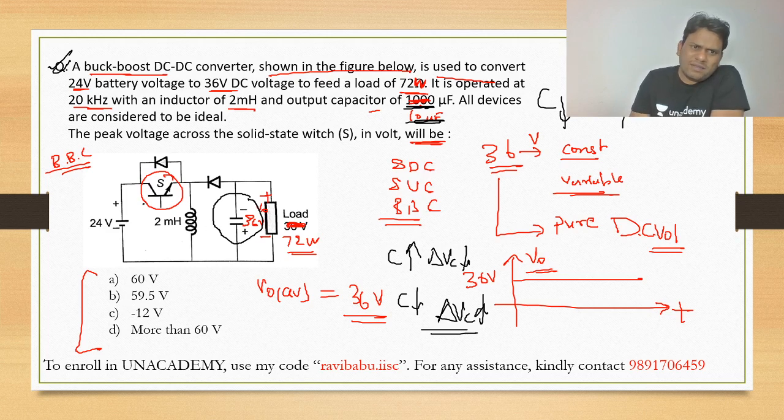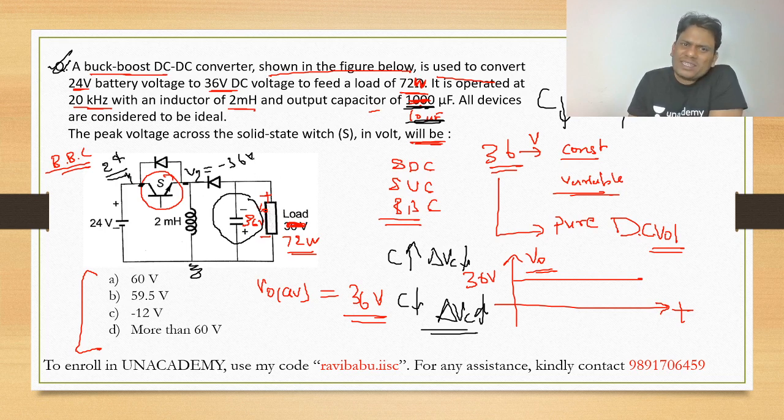Dear, the moment at which this switch is open, off, it will block voltage, and when this switch is on, it will not block any voltage. So say here some voltage V1, say here some voltage V2. What is the value of V2, beta? DC wise minus 36 volt, and from here 24 volt.